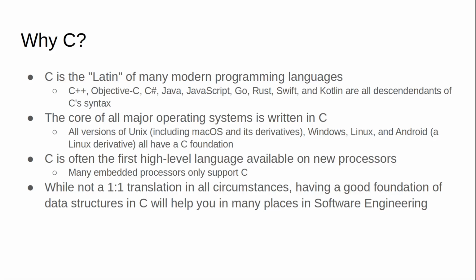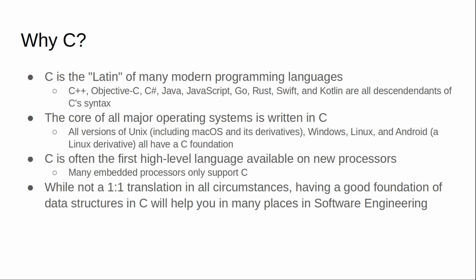Why C? There are so many languages these days that either already have data structures in them or which you could think of as being more oriented towards making data structures. Well, a lot of reasons. C is kind of the Latin of a lot of modern programming languages. I've listed several here that are all descendants of C syntax.